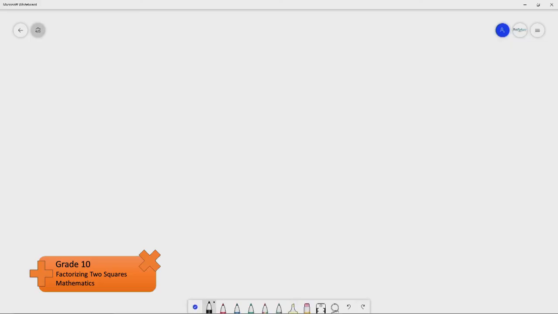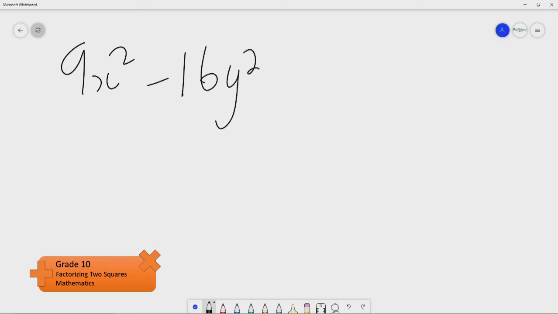It says 9x squared minus 16y squared. So do not be afraid because you're seeing all of these variables. We just need to consider them when we're working. So from one of our previous examples, we know that 3 squared will give you 9, but we have 3x squared. So if we multiply 3x by itself, we will get 9x squared.